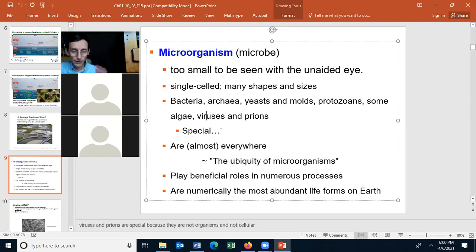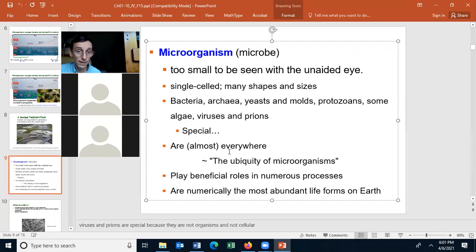And I'm not going to go into what the heck an organism is. But they're not cells, and that's how we'll separate viruses and prions from the other microbes. But you do need a microscope to see viruses and prions, and so that's why they're called microbes. And viruses and prions can cause diseases, and that's another reason why we call them microbes.